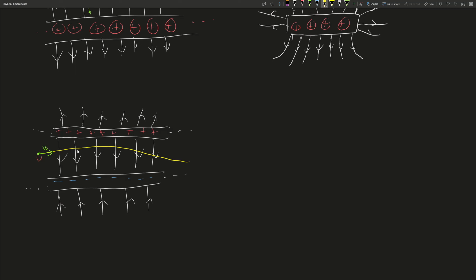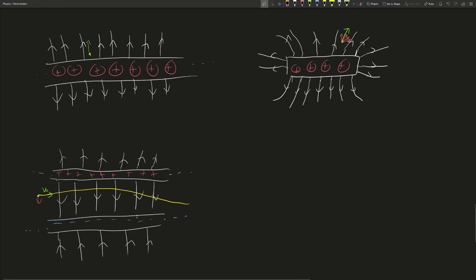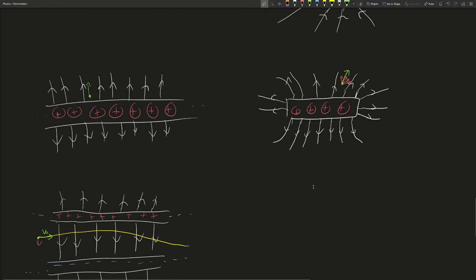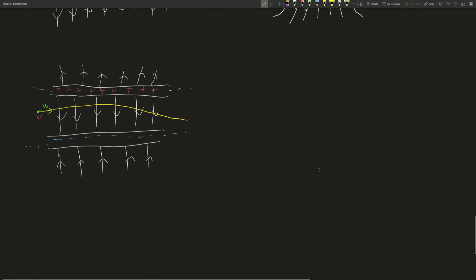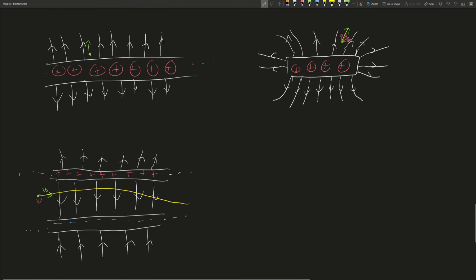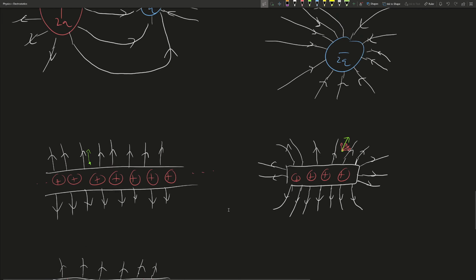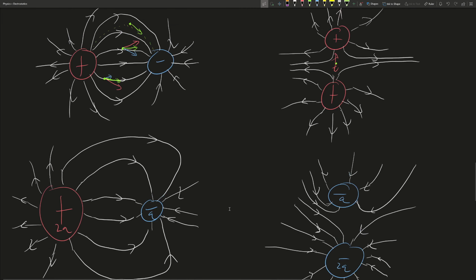And so these field lines show the acceleration of an object, not the velocity of an object. An object can move through field lines, but the acceleration is always going to be in the same direction as field lines, and so it's going to curve in the direction of field lines, but that doesn't mean it has to follow field lines.